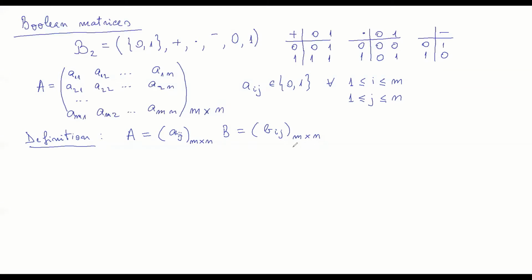So having these two matrices, we define their sum. So their sum, denoted by A plus B, is defined in the following way. The ij entry of the sum is obviously going to be defined as the sum of the ij entries of matrices A and B, just like it's defined on the usual sum of matrices.